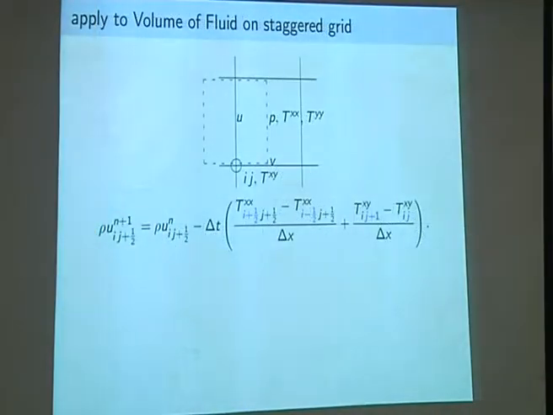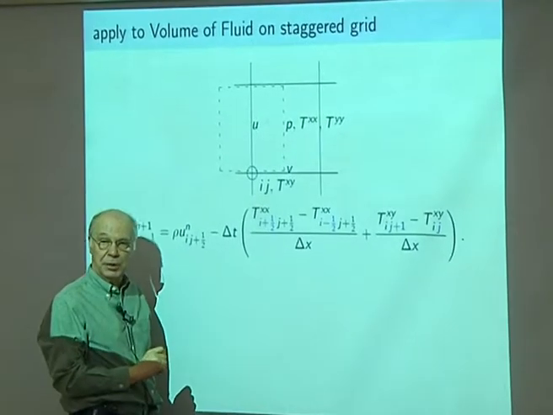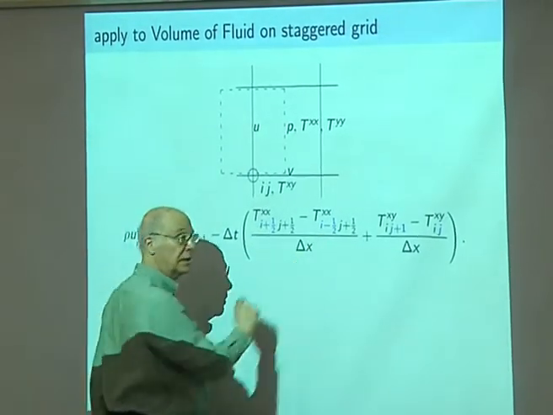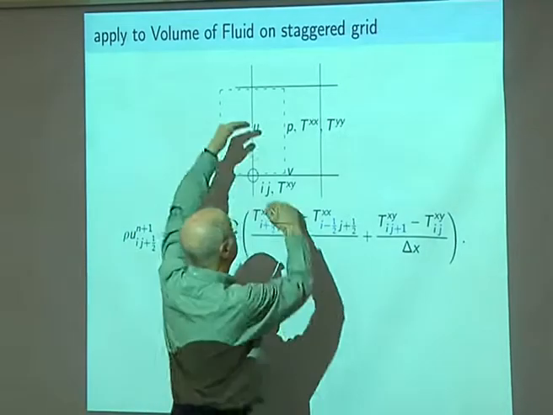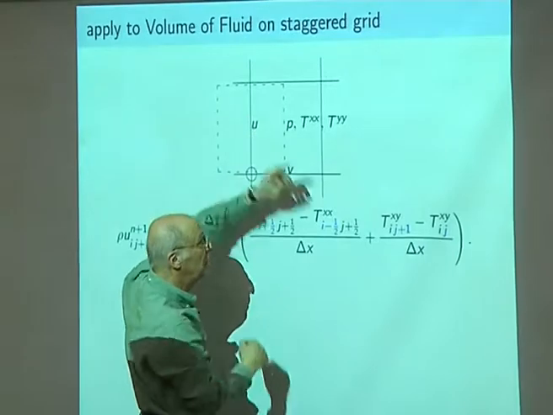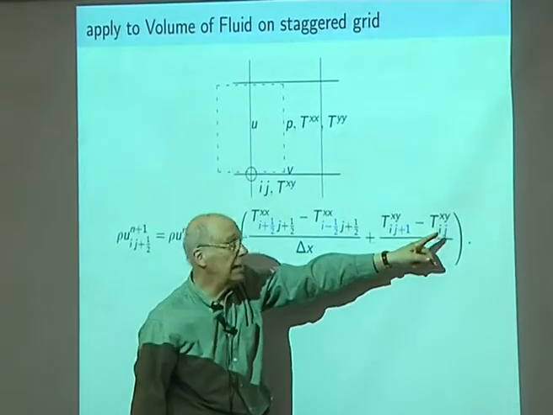So the momentum at the new time step is the momentum at the old time step plus delta t. This is a minus sign because the way the equation was, the difference between the pressure there and there is changing the momentum here, but it's now become the xx component of the stress, the difference between there and there, the i plus a half, i minus a half. And then the difference of the tangential stress is pulling it sideways between the bottom and the top, between j plus 1 and j.